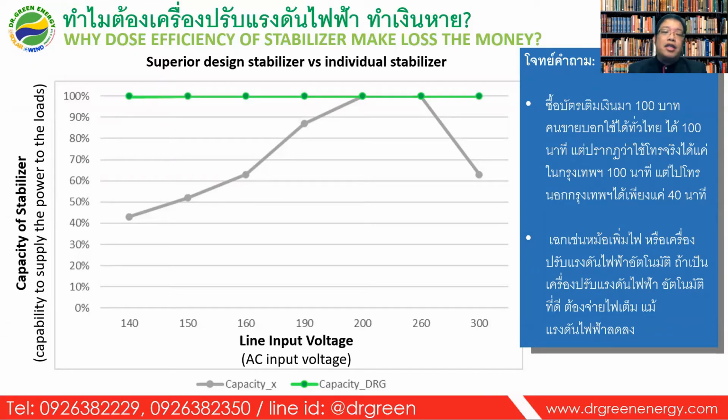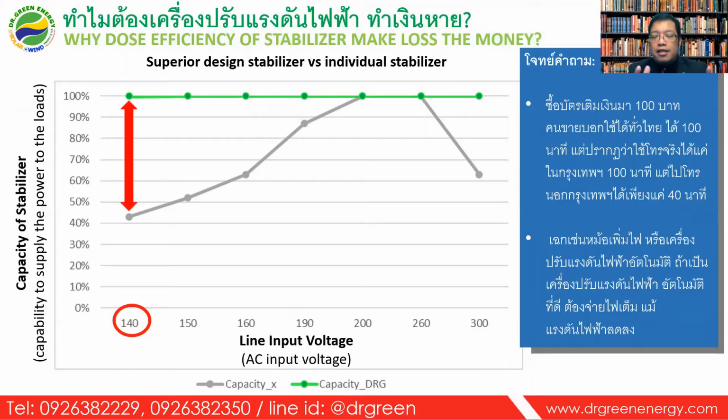Why does the efficiency of the stabilizer matter, and why does this cost you money? Because there is a case where we found a customer who bought a stabilizer and found out that once the voltage dropped down to 140 volts, this is the example that we found from our customer, and they shared the issue or the problem that they found on the other stabilizer, which is not our stabilizer.